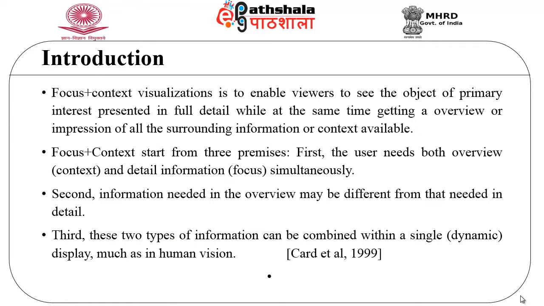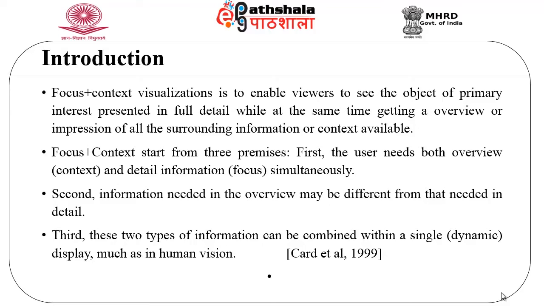Introduction to focus and context. The focus and context visualization is to enable the viewers to see the object of primary interest presented in full detail, while at the same time getting an overview or impression of all the surrounding information or the context information. The focus plus context also starts from three primaries.